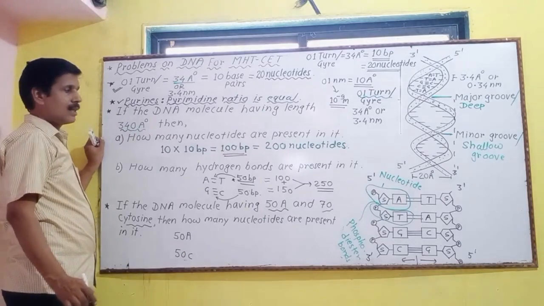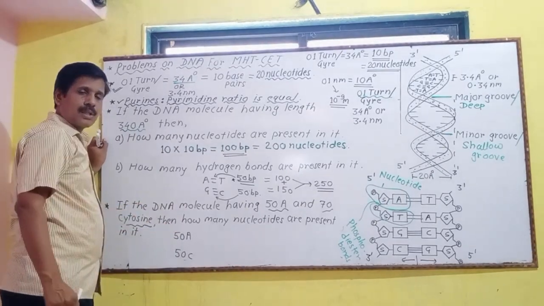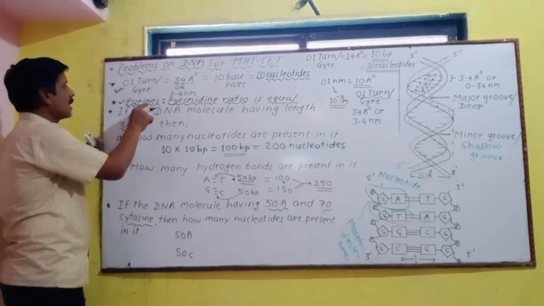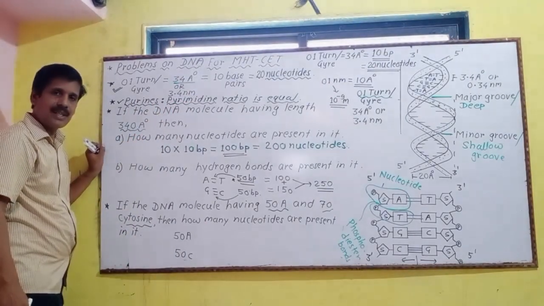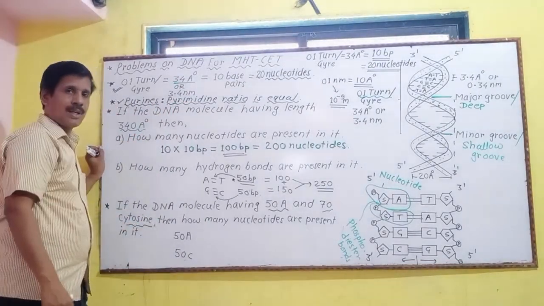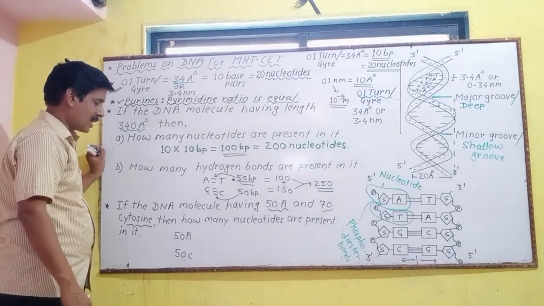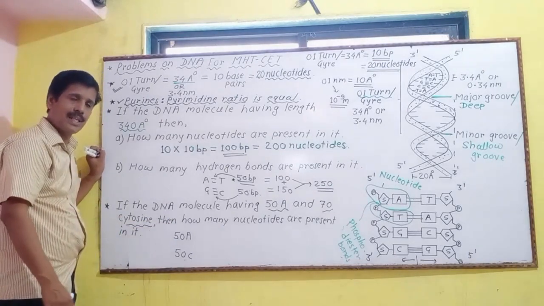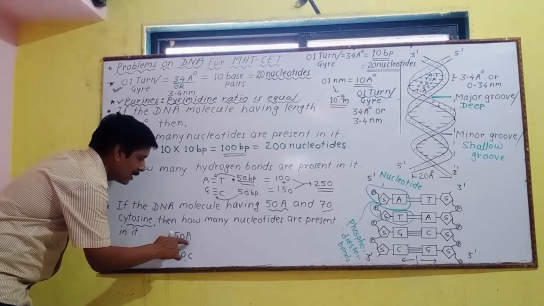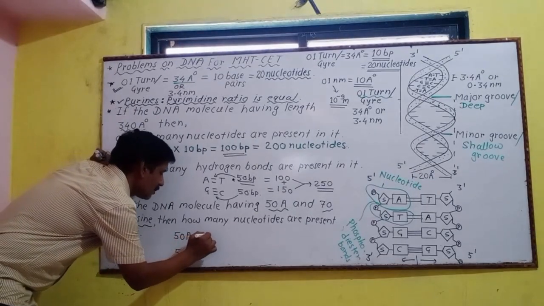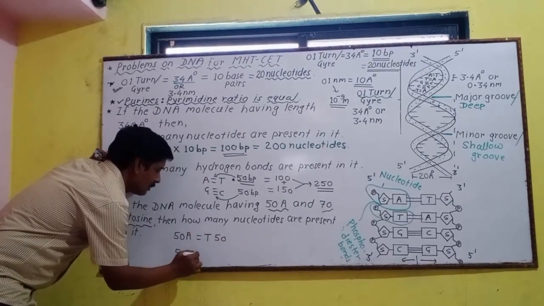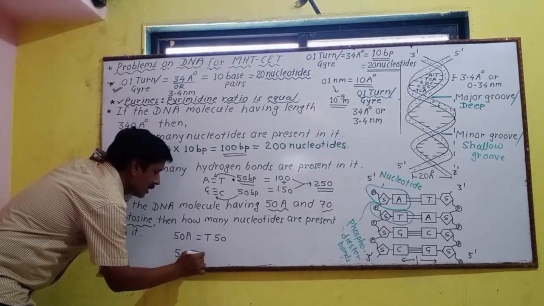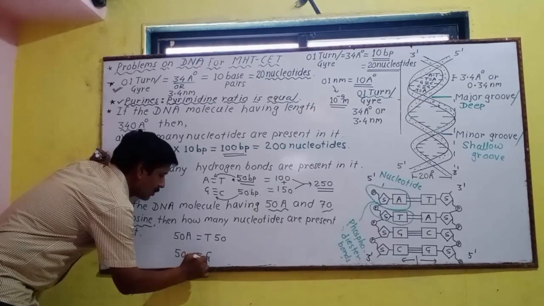Here mind it well that, as I told you before, Chargaff's rule tells us that purines and pyrimidines ratios are equal and DNA is always double stranded. Normally the DNA is double stranded, means the nitrogen bases are present in pairs. Means if there are 50 adenine, then there must be 50 thymine. If there are 70 cytosine, then there must be 70 guanine.